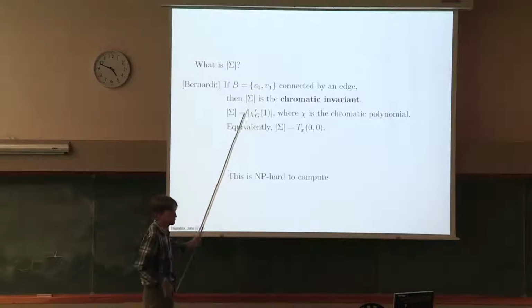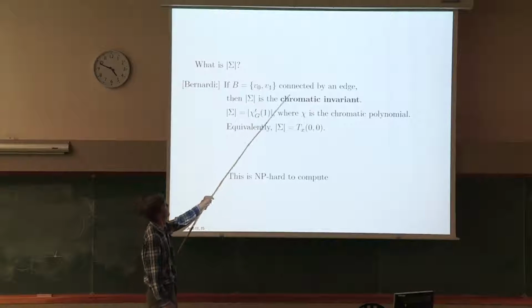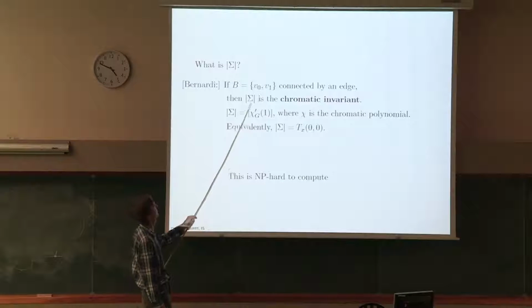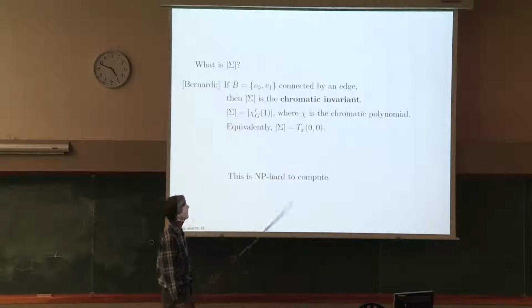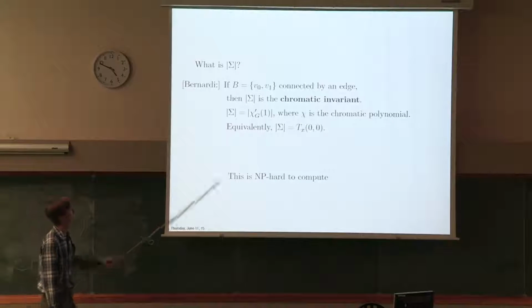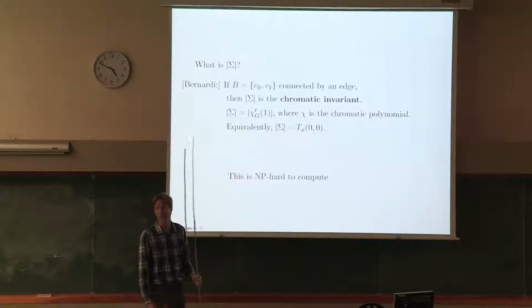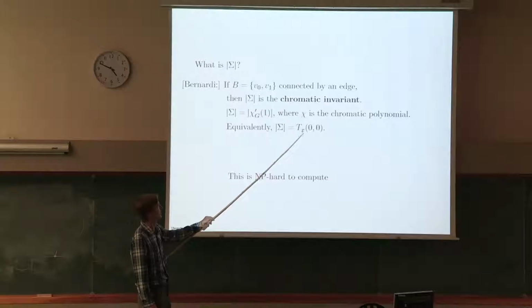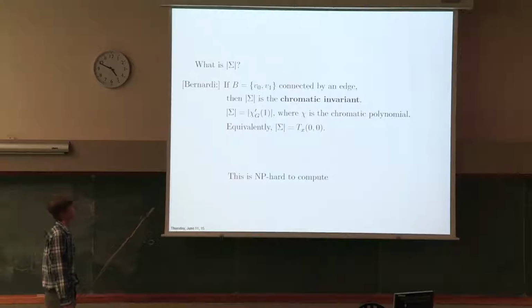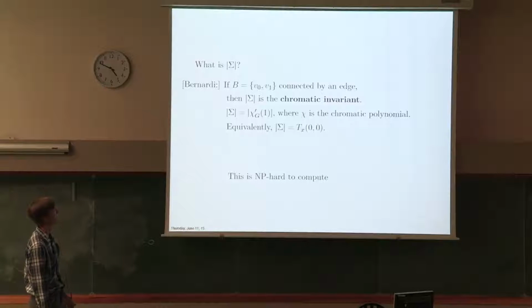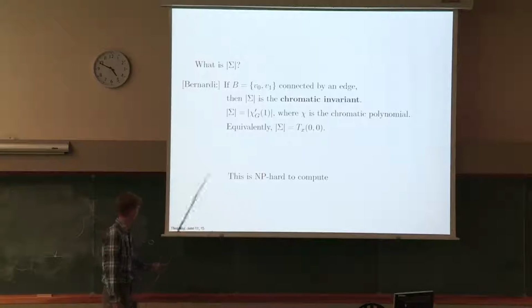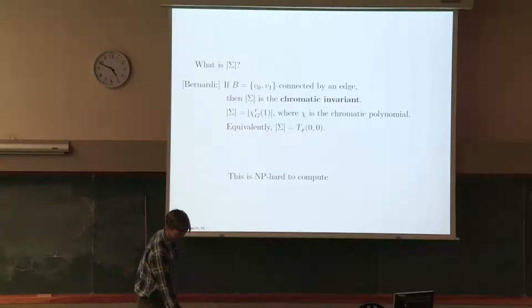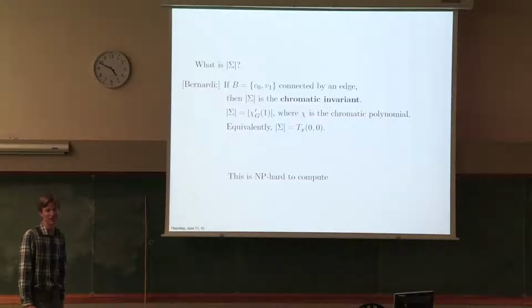When your boundary just consists of two vertices, and let's suppose they happen to be connected by an edge, which is just a minor modification of the graph, then this number has a name. It's called the chromatic invariant of the graph. It's the derivative at 1 of the chromatic polynomial, or if you like, the x derivative at 0 of the Tutte polynomial. So there we can see Tutte appearing again. But in particular, it's NP-hard to compute this quantity for a general graph, and as I understand, even NP-hard to approximate.